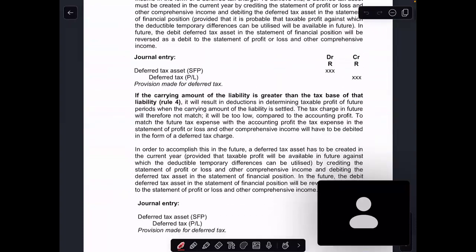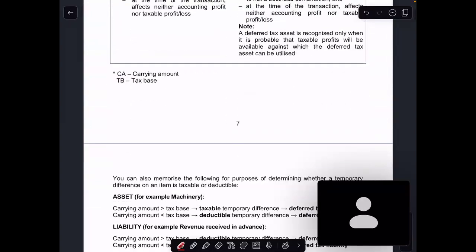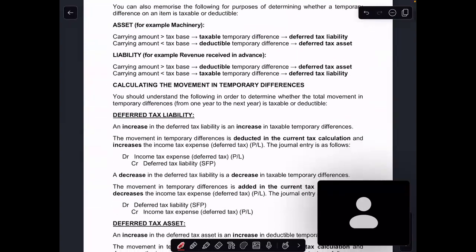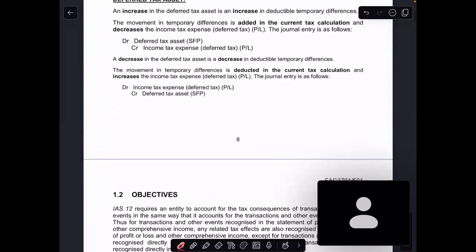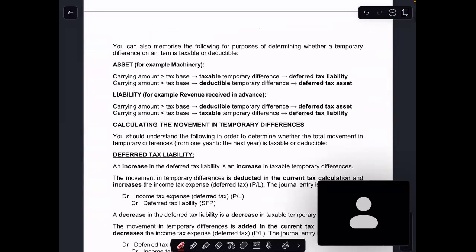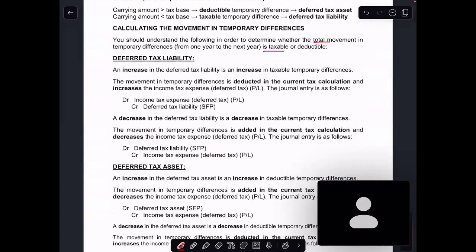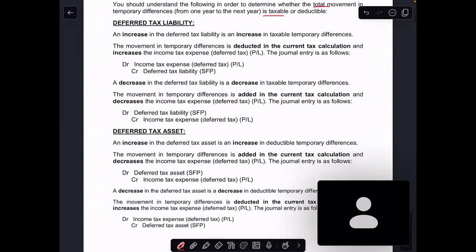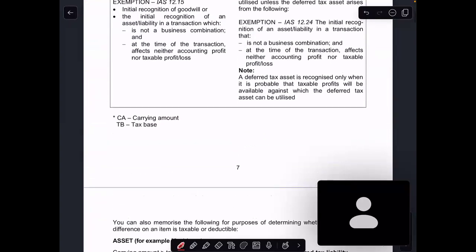Where is the summary of this one? I remember explaining it last time. I think I saw something here. There you go. Page 7.